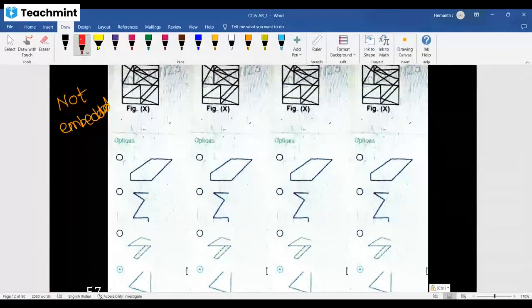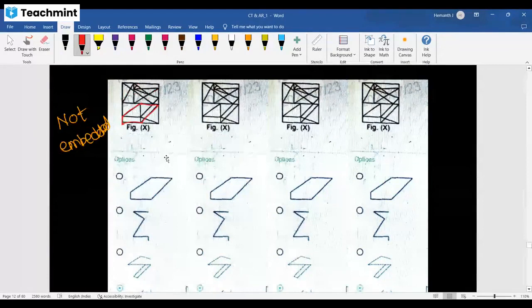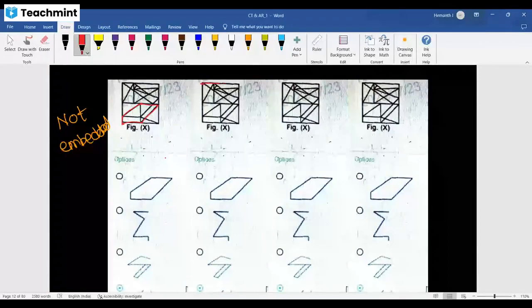This shape, I think you can find here. This is embedded, so it is available. What about this one, sir? Okay, I'll show. The next one is also available. Don't worry. Yeah, you can find it here.